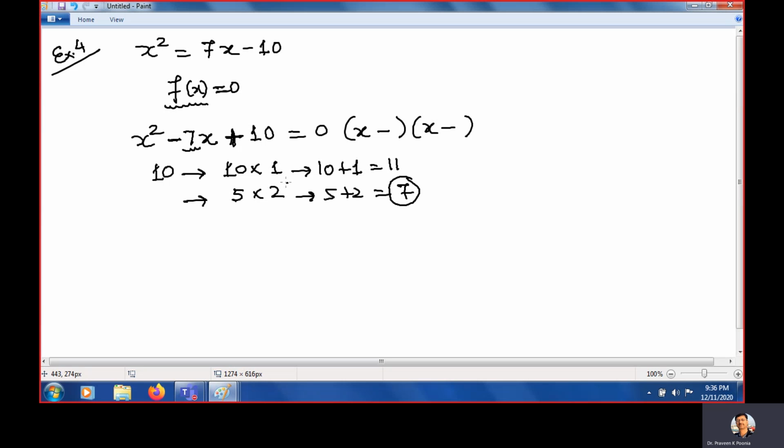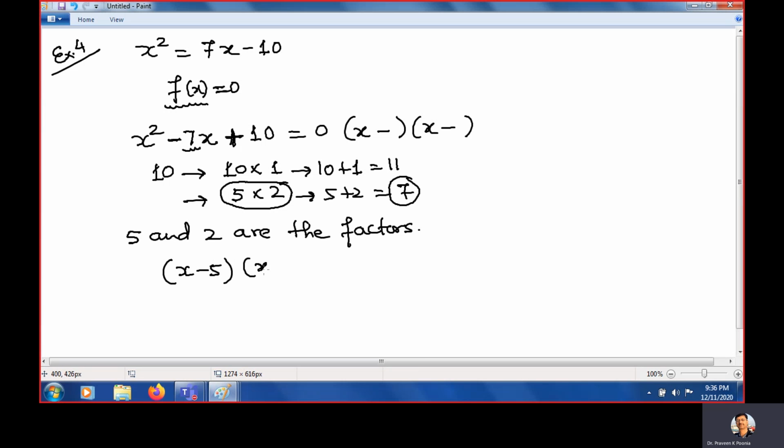Clear? So what are the factors? 5 and 2. 5 and 2 are the factors. And if 5 and 2 are the factors, what are we going to do? It is negative, x minus 5 and x minus 2 equal 0.